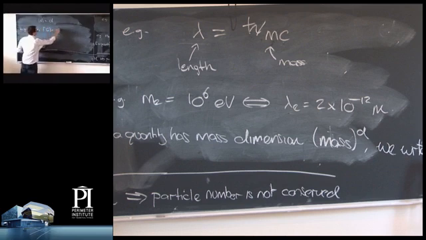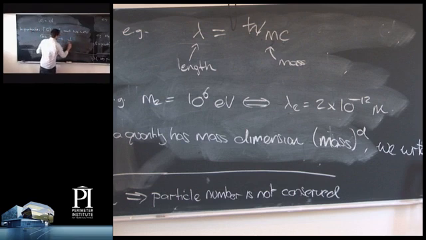So in particular, Newton's constant, which we haven't talked about yet, has dimensions minus 2. And so we use Newton's constant to define an energy scale after we've set h bar equals c equals 1.